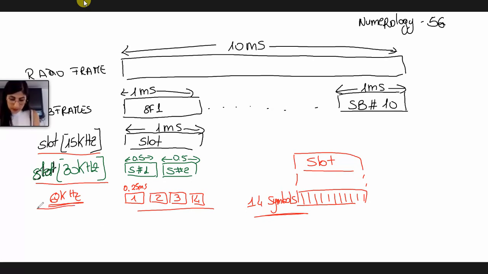And if we use 60 kilohertz, we will have 14 multiplied by 4 symbols inside one subframe that we can transmit in 1 millisecond. So we can reduce the latency. So this is about the numerology.